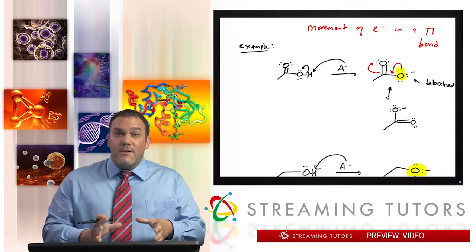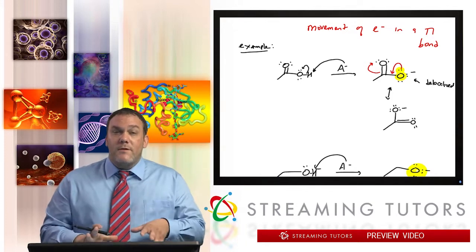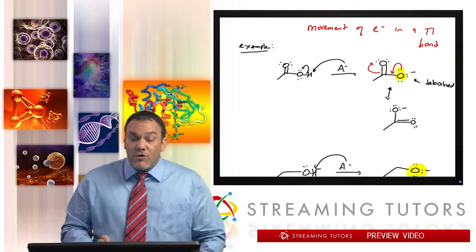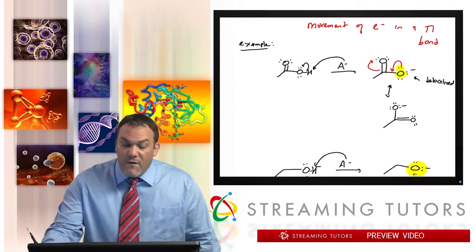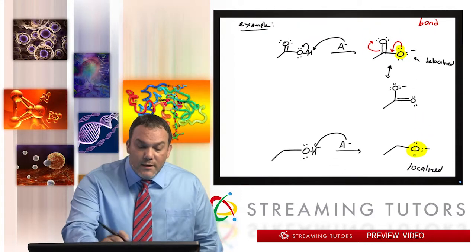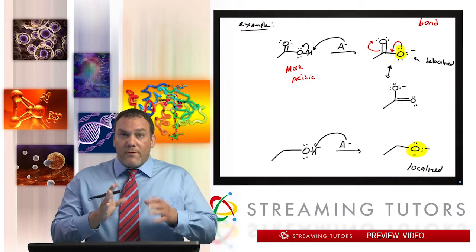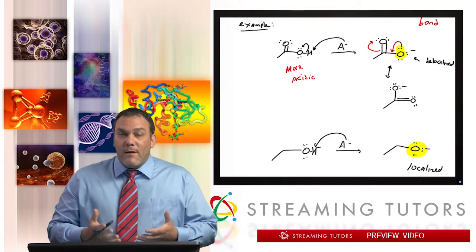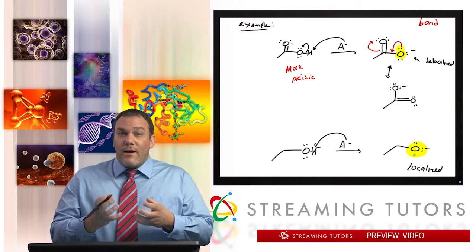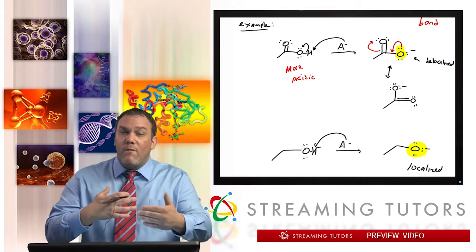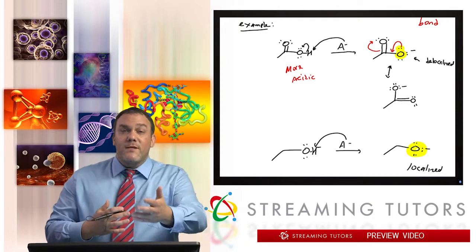If you don't have resonance, you do not have delocalization, okay? So that's the trend that we're seeing here. So if I ask you which is more acidic, you're going to say this is more acidic because the molecule on the right has a more stabilized form. It has electrons that it can push and distribute over a larger area, and that makes it more stable.